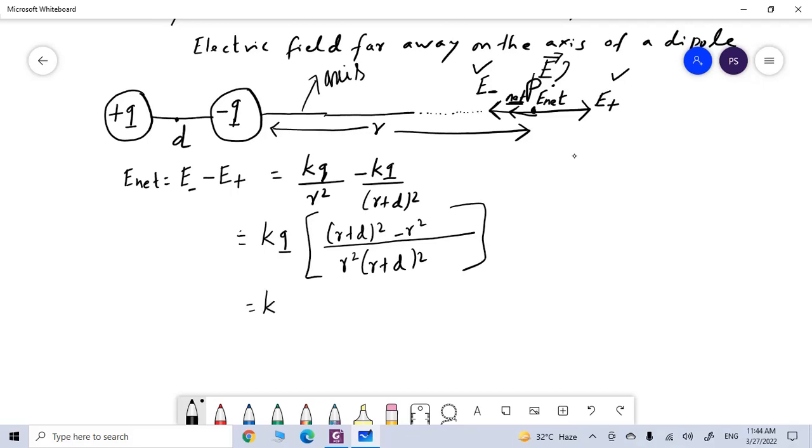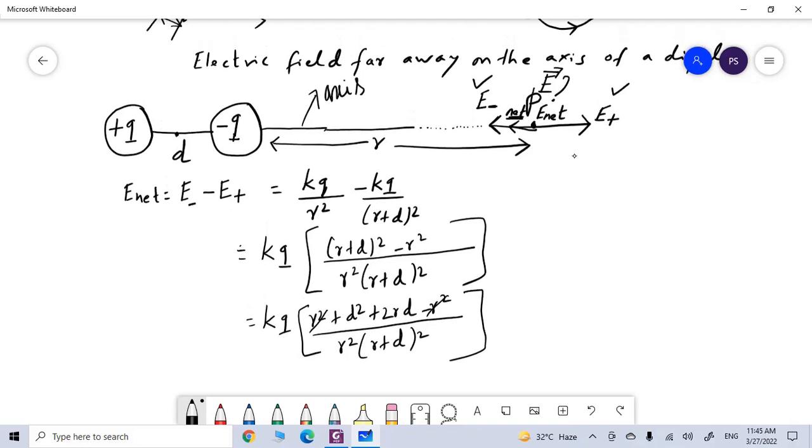So once again we can put kq. So this is going to be r square plus d square plus 2rd minus r square, the whole divided by r square, r plus d the whole square. So you can cancel the positive r square and the negative r square in the upstairs.